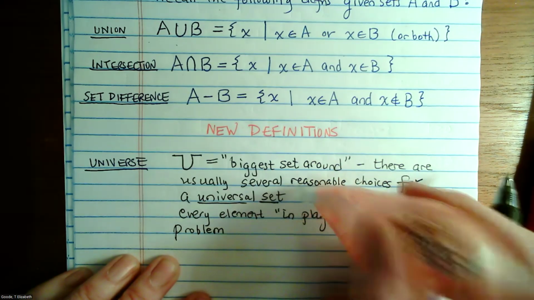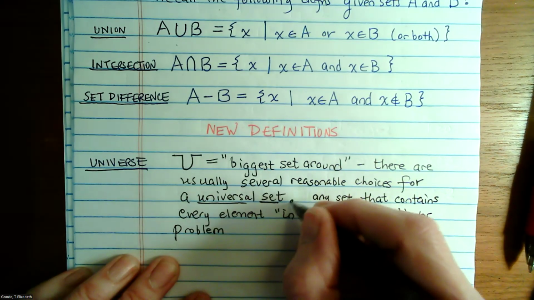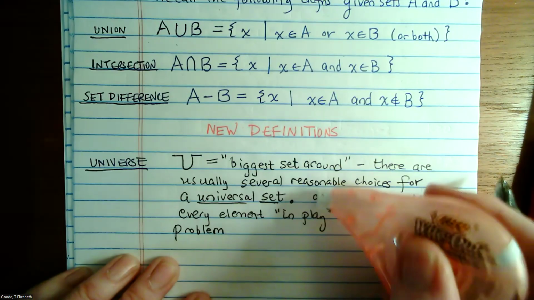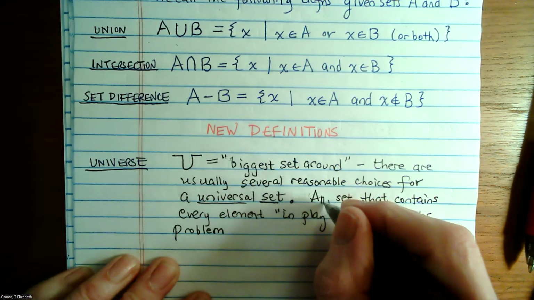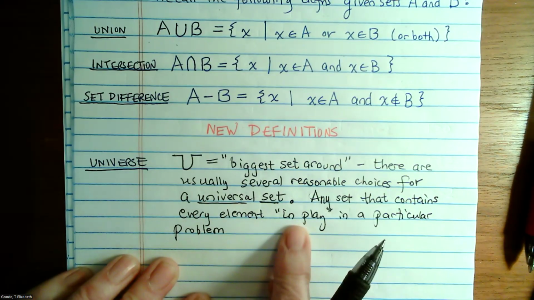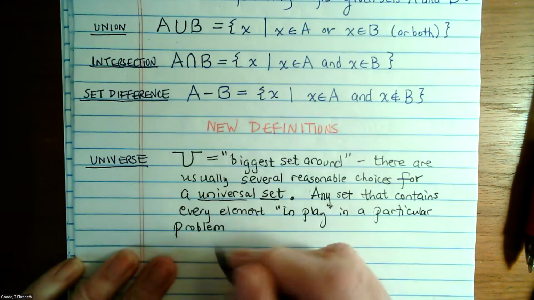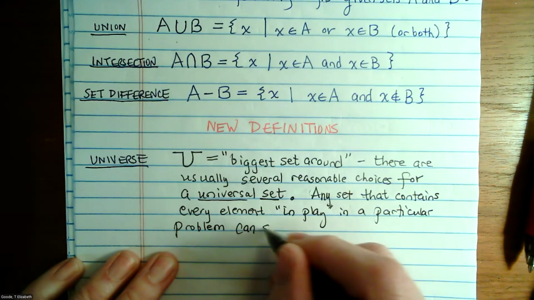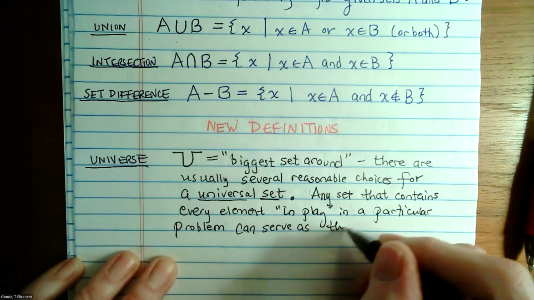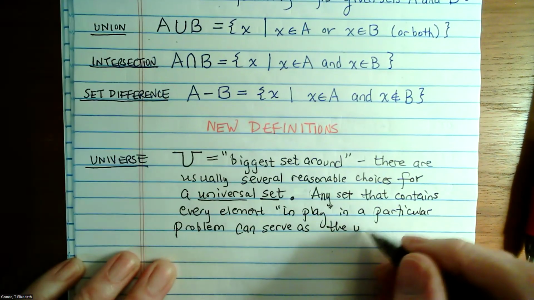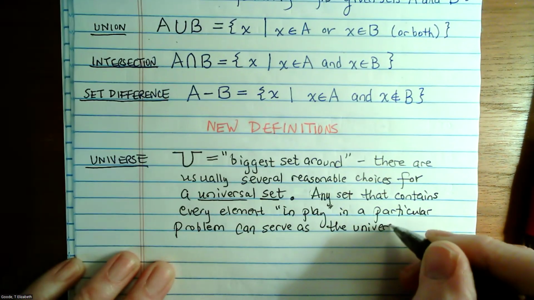Maybe I'll put a period here and make this a capital letter because I think this sentence is going to read better if I say any set that contains every element in play in a particular problem can serve as the universal set for that particular problem.